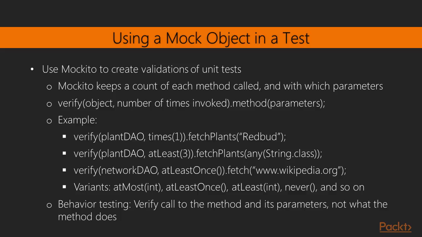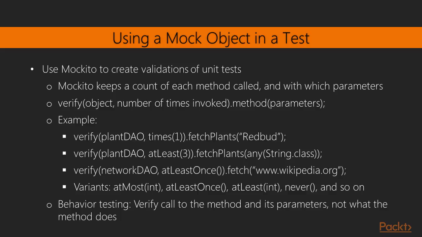So it's a little tricky to read because you see we have the verify method, we have the mocked object that we're validating against, then we have how many times a method was called, then after that we have the method that we're counting, which in my case on line 3 is the method called fetch, and then we have whatever parameter was passed into this method when it was called.